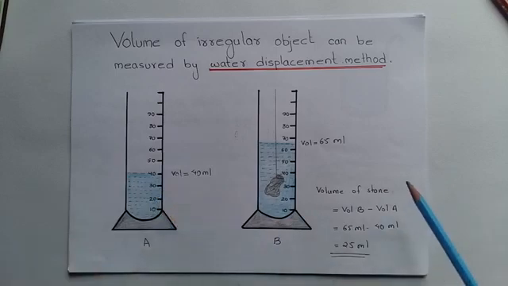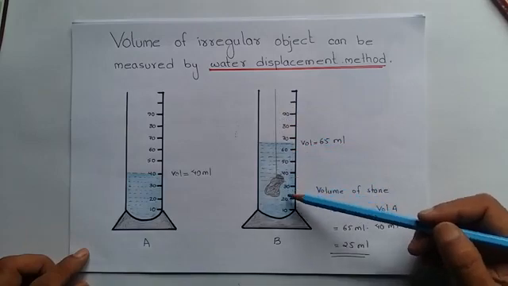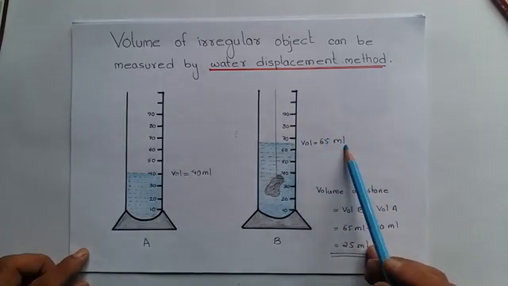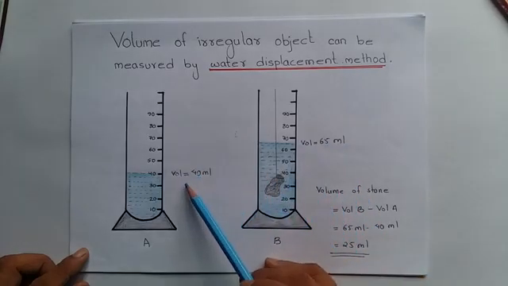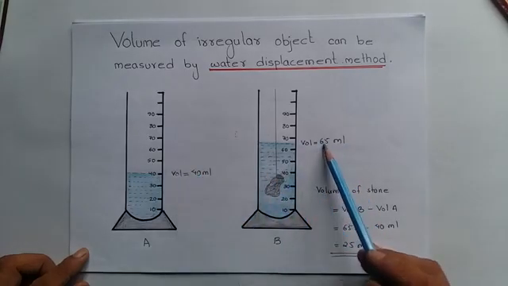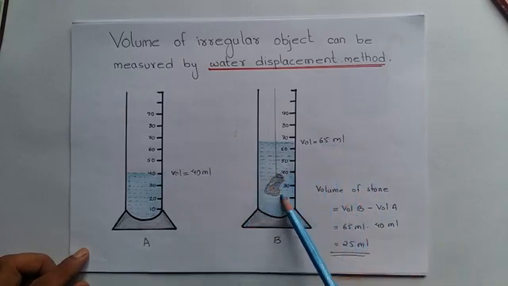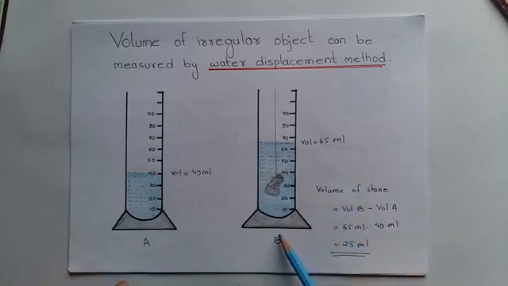Now when I put the stone in the measuring cylinder, the water level rises up and it reaches 65 milliliter. So what is the increase in the volume? Initial volume was 40 milliliter and the final volume is 65 milliliter. The difference between these two will give you the volume of the stone. That is volume in the cylinder B minus volume in the cylinder A will give you 25 milliliter.